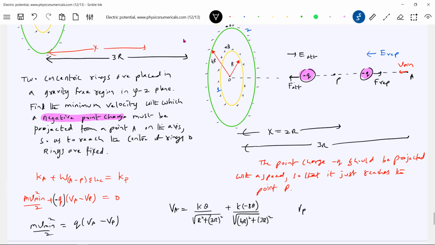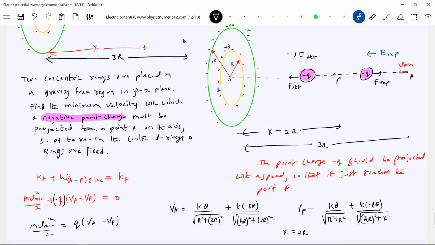Similarly, potential at point P is KQ by root of R square plus x square, plus K times minus 8Q by root of the second ring's distance, where x equals 2R.